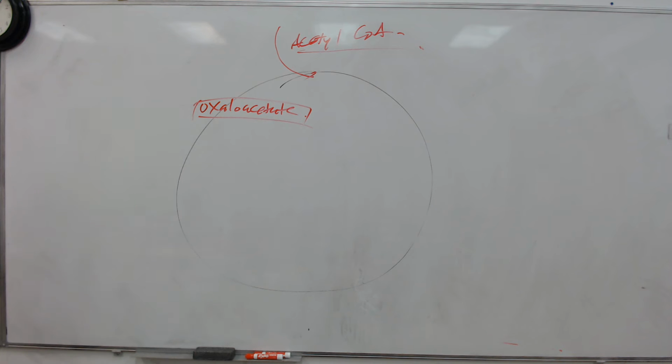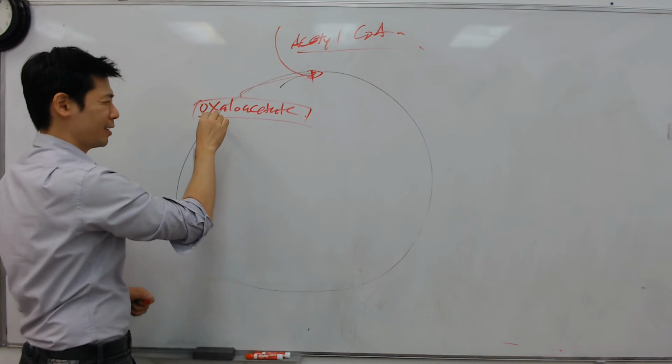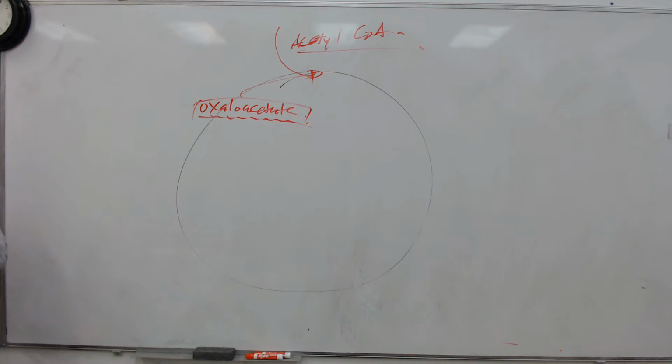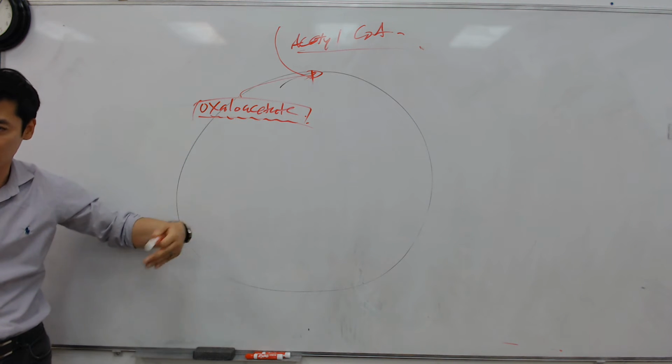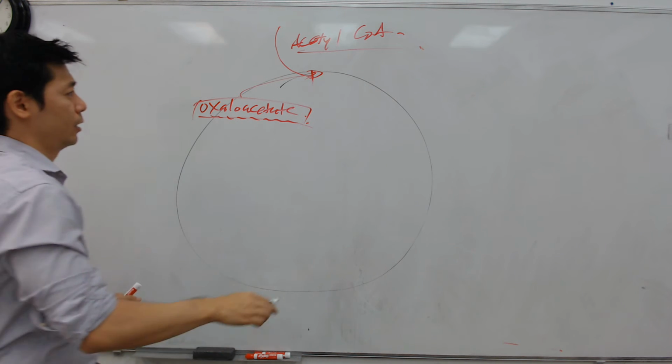A lot of these compounds come up in other stuff, like photosynthesis, where they use them for a different purpose. It turns into citrate.